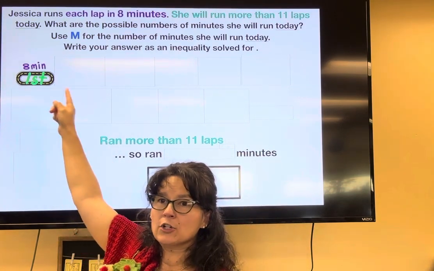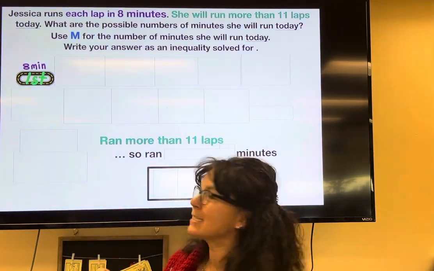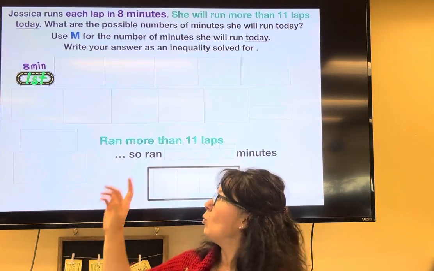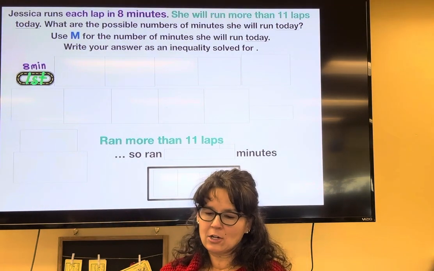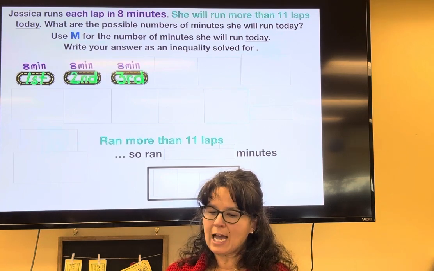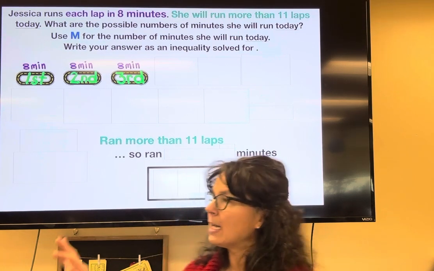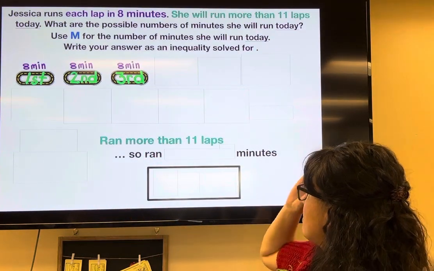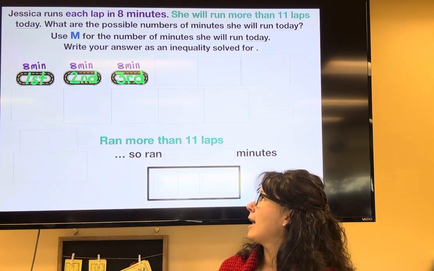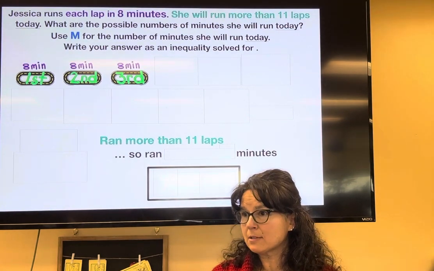This is her first lap, and it says that every lap she runs takes 8 minutes. So one lap is 8 minutes. Her second lap is another 8 minutes. Her third lap is another 8 minutes. I'm going to continue going, but let's keep in mind that she definitely ran more than 11 laps.